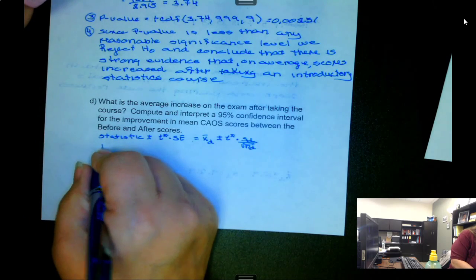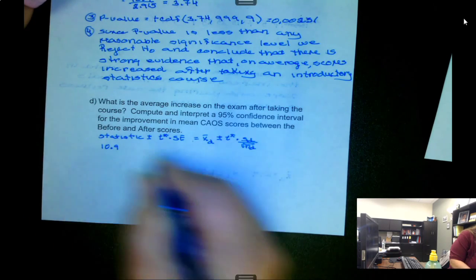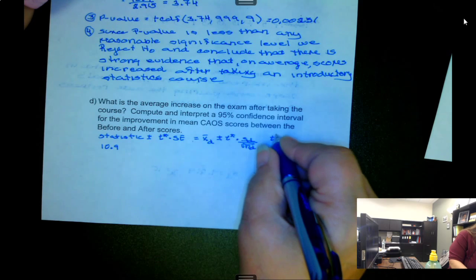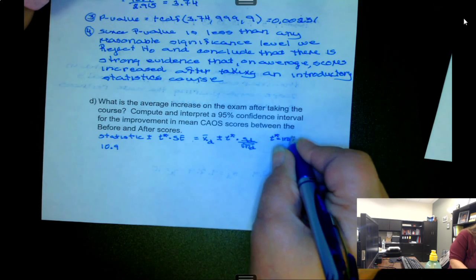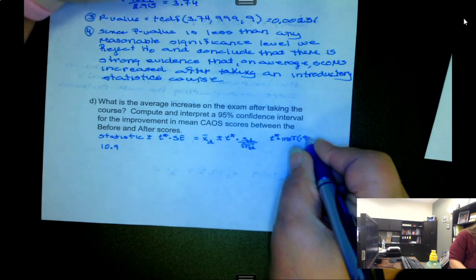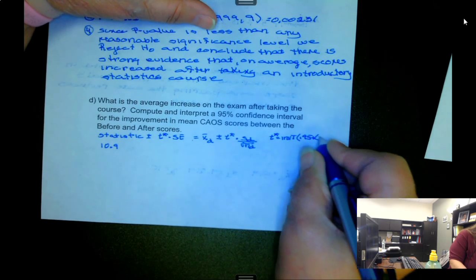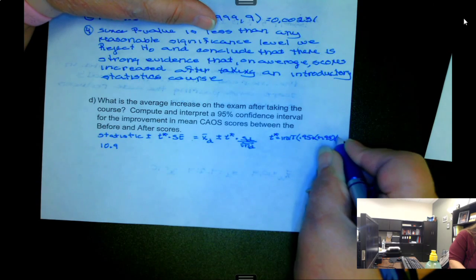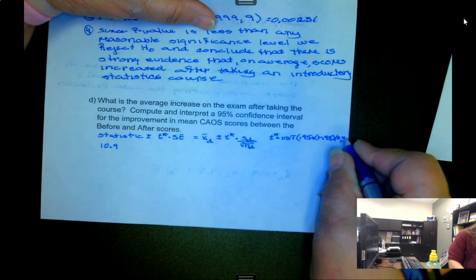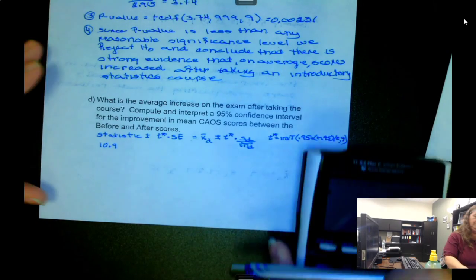So our statistic is 10.9. t-star is inv T, 0.95 plus 1 minus 0.95 over 2, and 9 degrees of freedom.